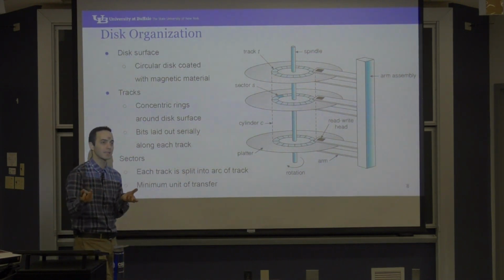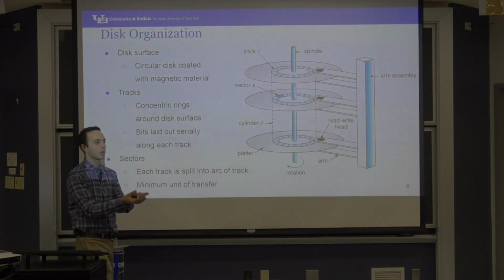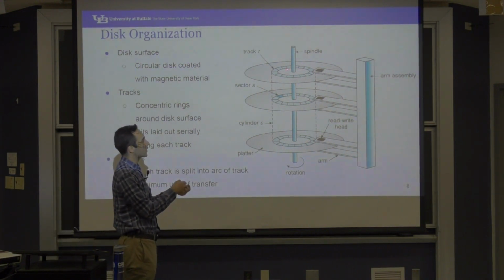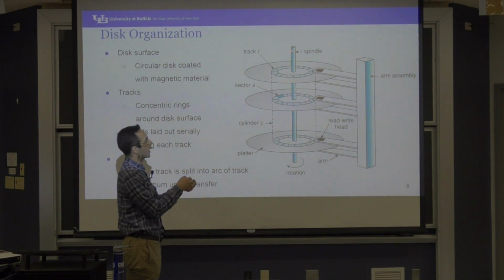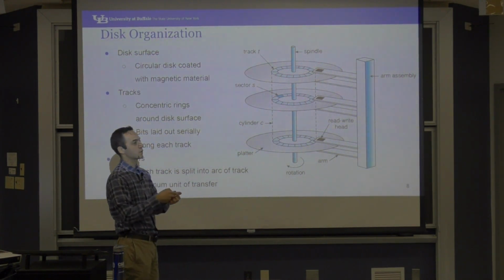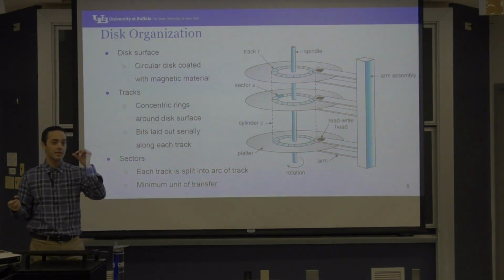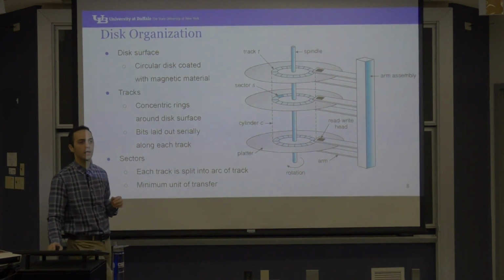If using the same density, you have more data on them. Each rotation on this takes, let's say, 100 sectors, and each rotation on this takes 150 sectors, if you have the same density of material and bytes.